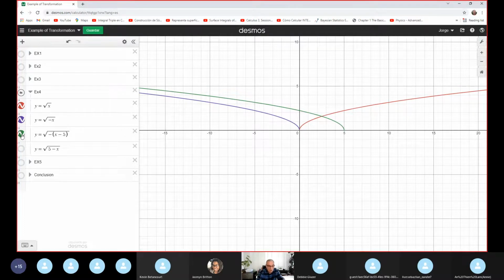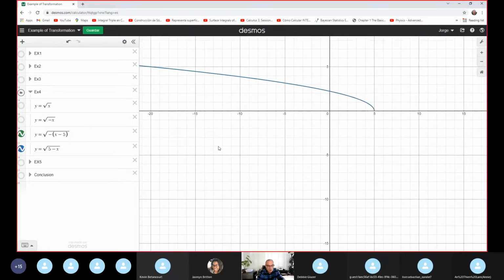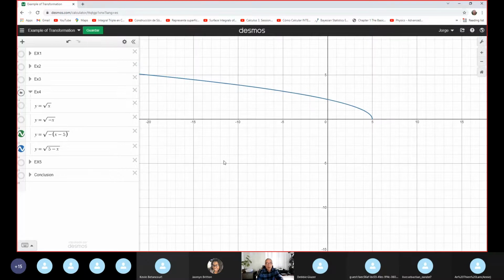Just in case, to make sure that I'm doing well or not, I put the original in blue color. There is a perfect coincidence between the blue color and green color. It's the same. So basically, in this example, you see that the function as given is not always ready to understand the transformation.